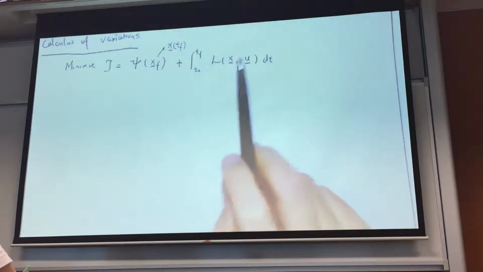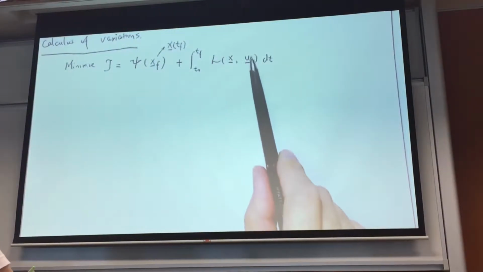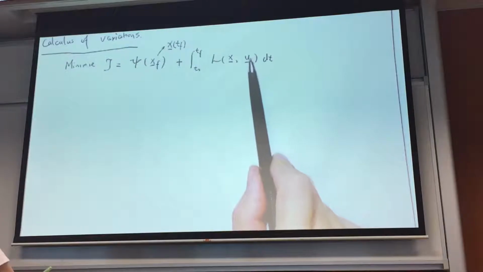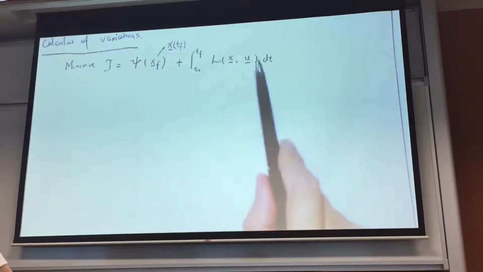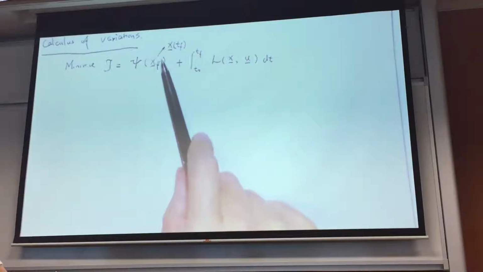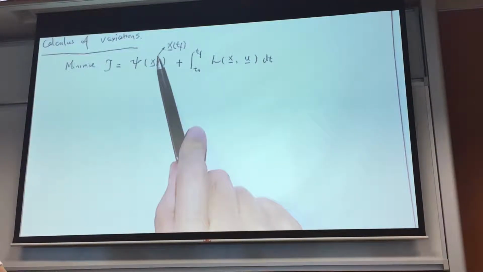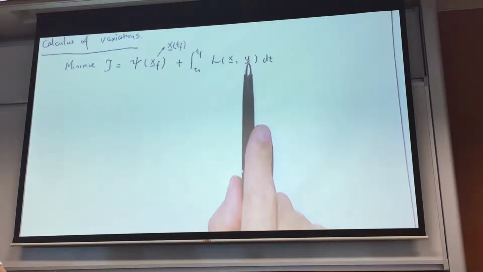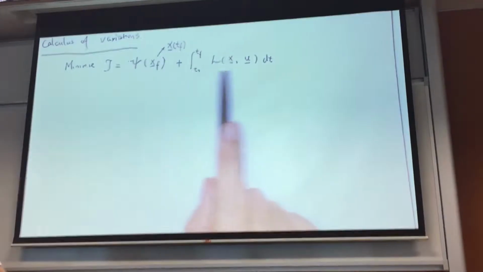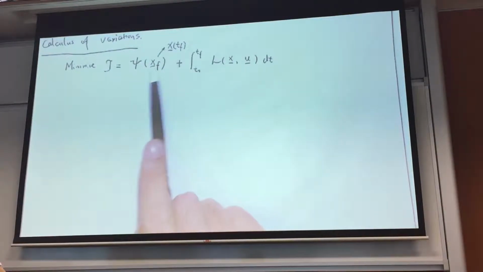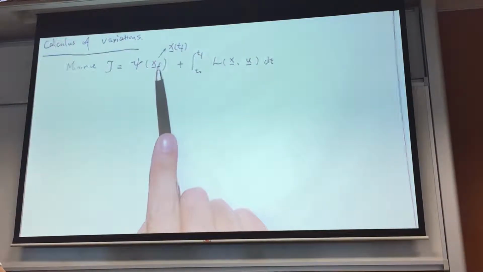So we notice that the optimal control input only happens in this function, but not in the final state. So we know your control will not affect your state after the final state.